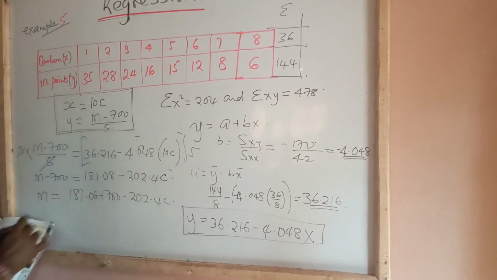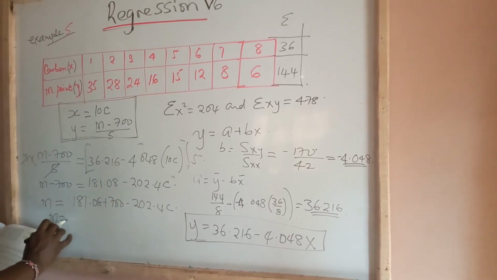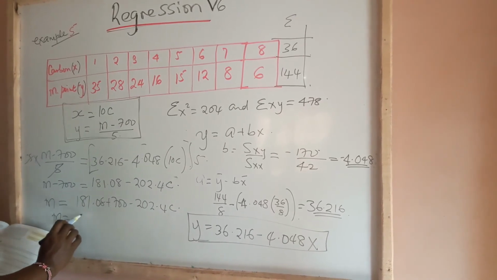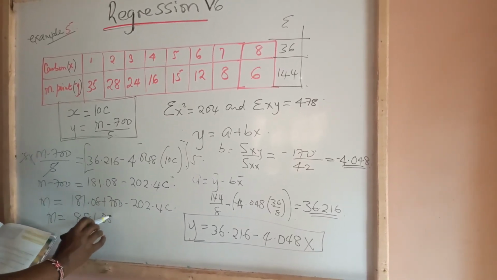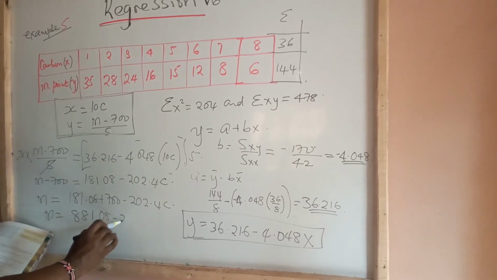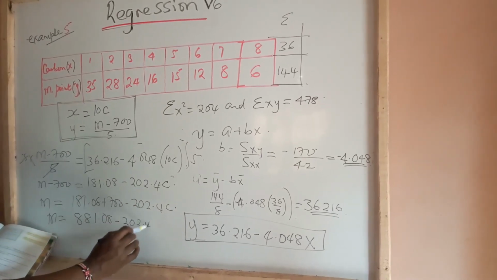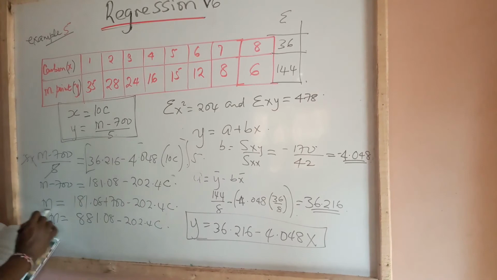And of course, when you add these, it's going to give us m is equal to 881.08 minus 202.4c.